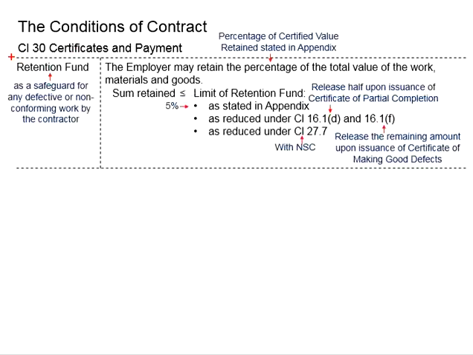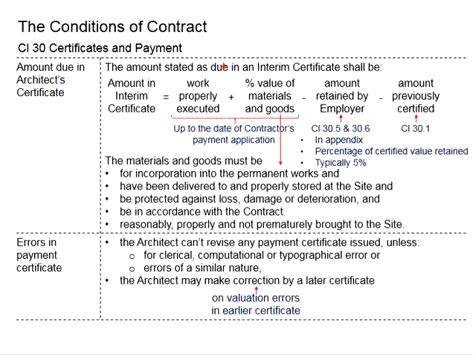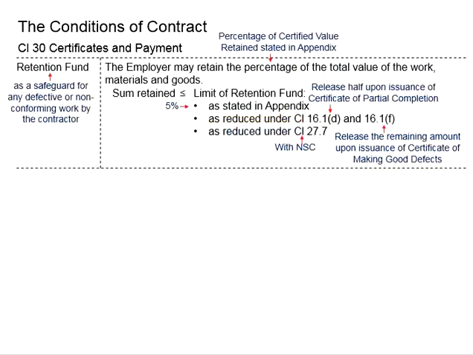However, when we talk about this retention fund, it is actually used to safeguard against any defects or non-conforming work by the contractor. Whenever there is any payment to the contractor, a certain amount as specified in the appendix, which is typically 5%, shall be retained by the employer in case there are some defects or non-conforming work by the contractor.